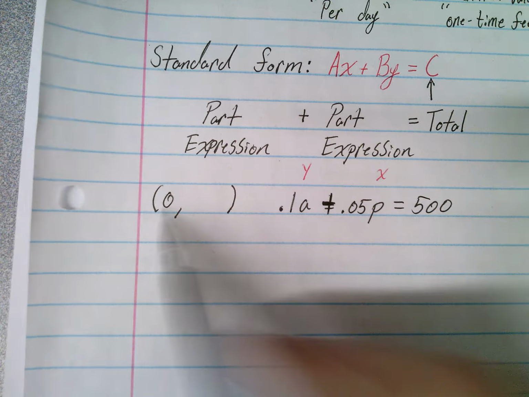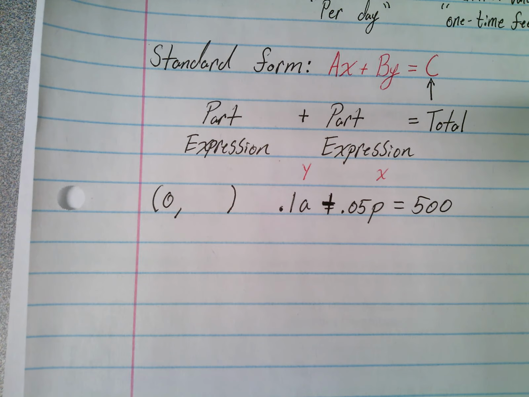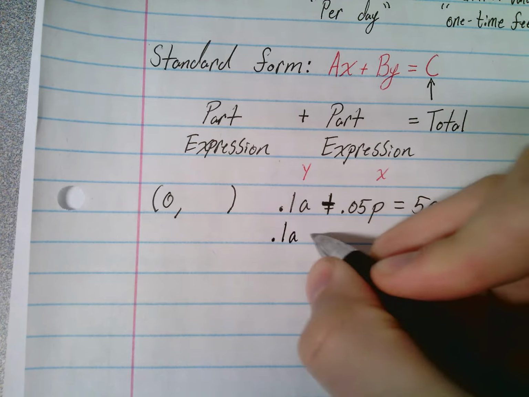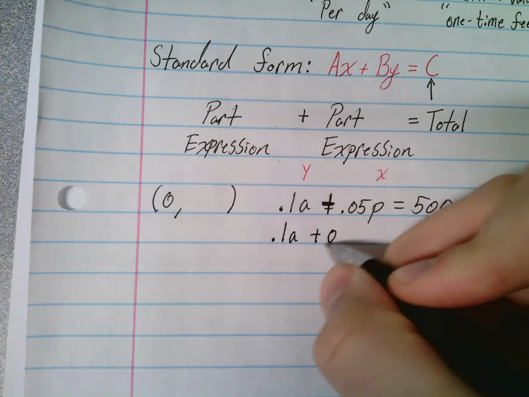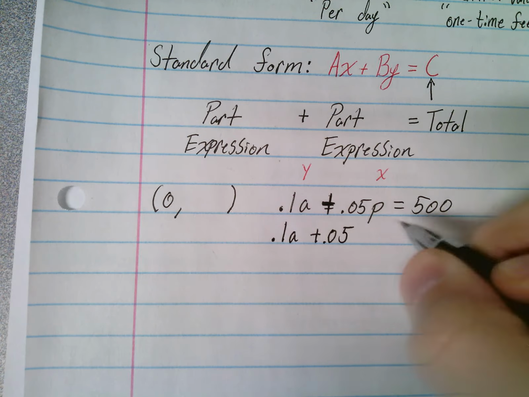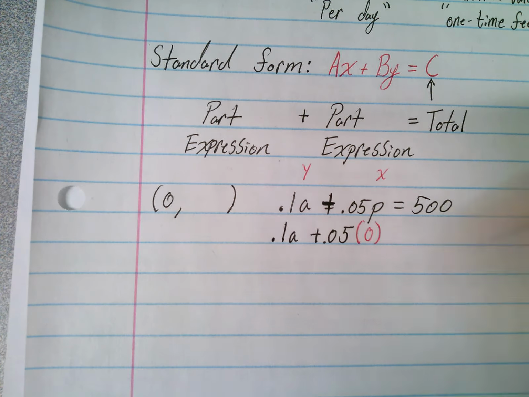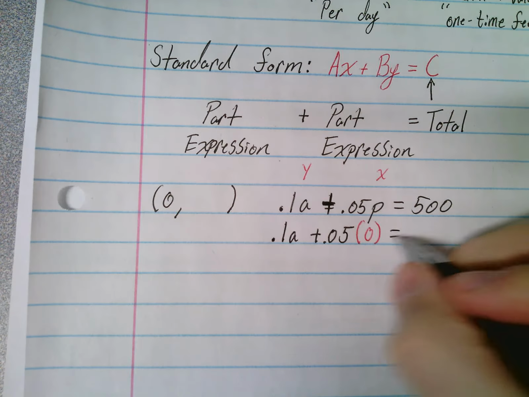So if I'm plugging in 0 for X, I'm going to plug it in for P because that's the graph they gave me. So I'll have 0.1A plus 0.05 times 0, and that will be equal to 500.